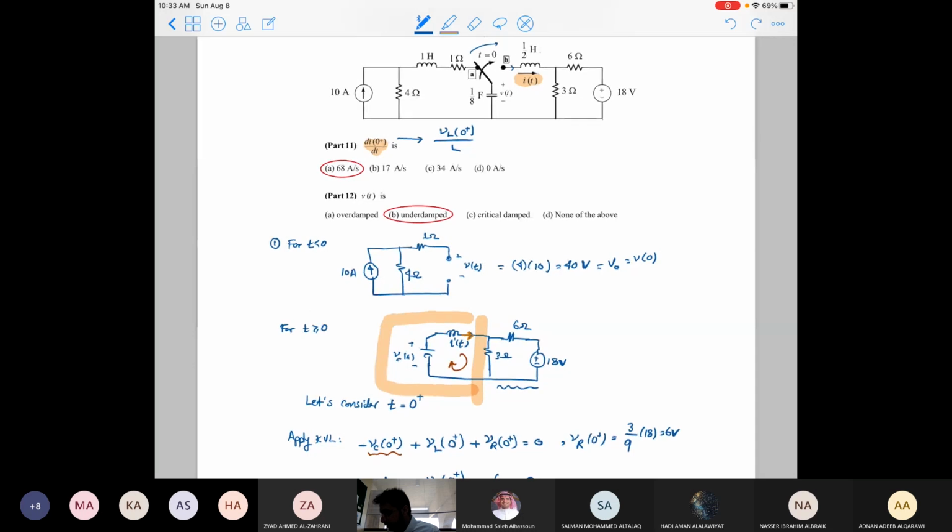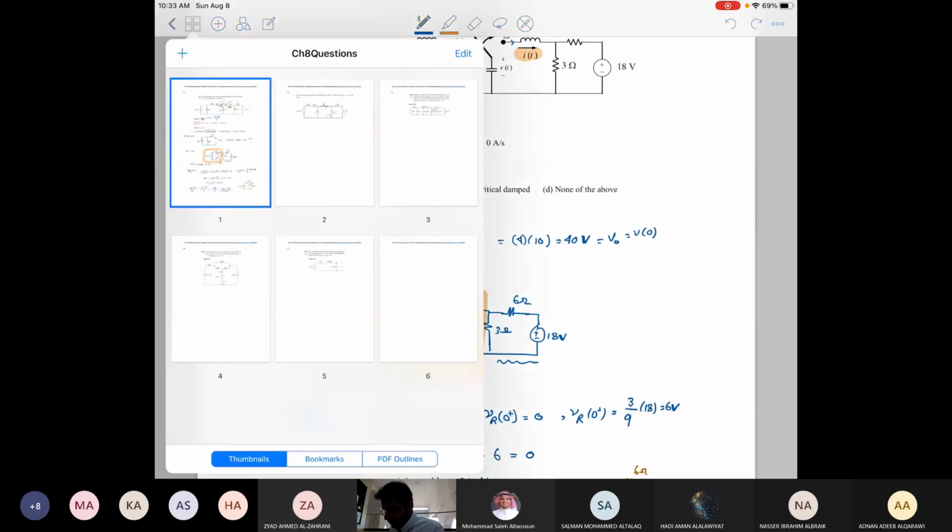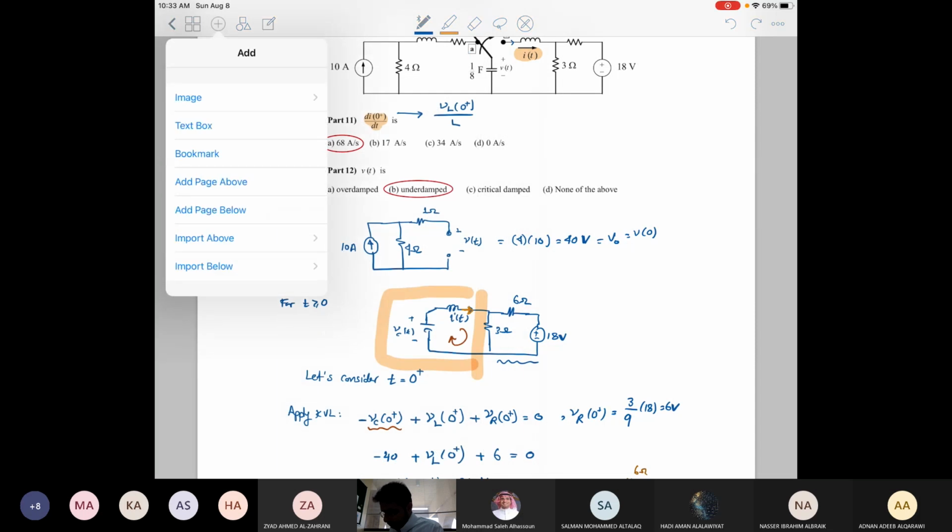So in this case, you might need to apply source transformation. If you apply source transformation, let me add an extra page.